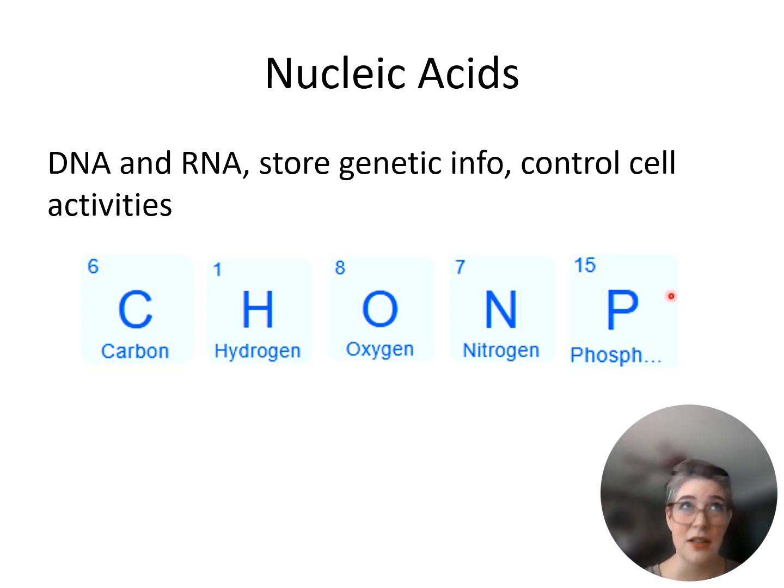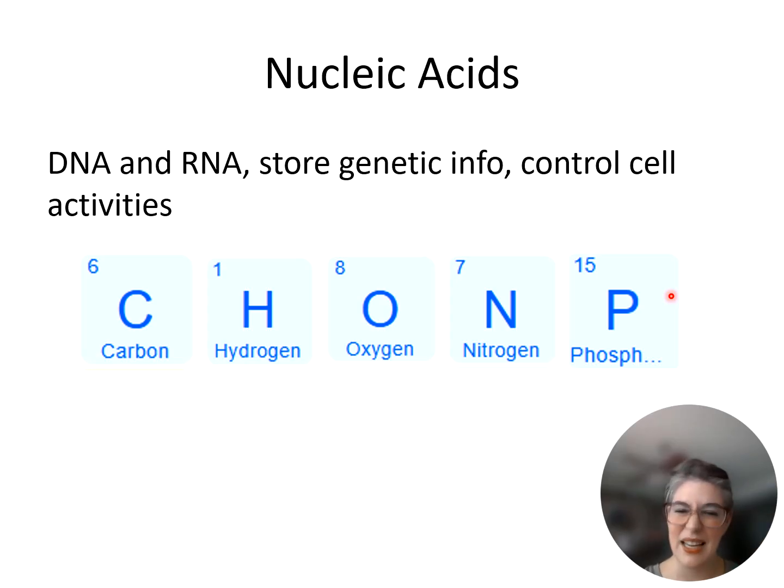So if you ever have a test question come up and they're like, here's an example of a biomolecule. Which one is it? And if you see P or phosphorus, you know immediately it can only be nucleic acid. So your DNA, your RNA, they are composed of carbon, hydrogen, oxygen, nitrogen, and phosphorus.